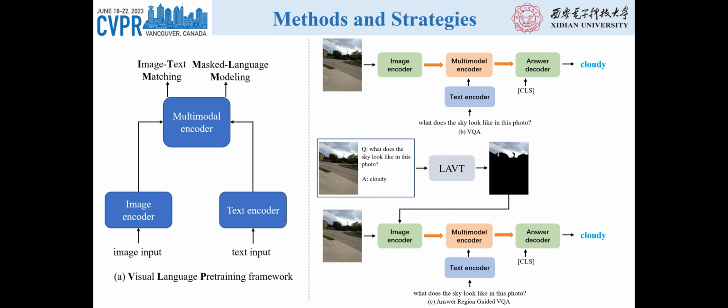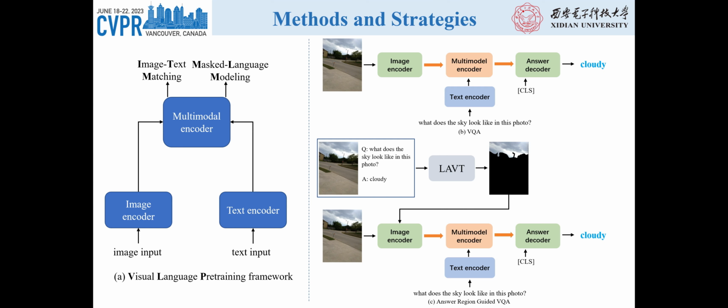The visual language pretraining framework consists of an image encoder, a text encoder, and a multimodal encoder. An image-text matching loss and a masked language modeling loss are applied to learn multimodal interaction between image and text.